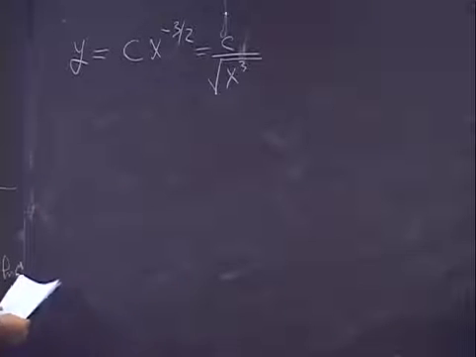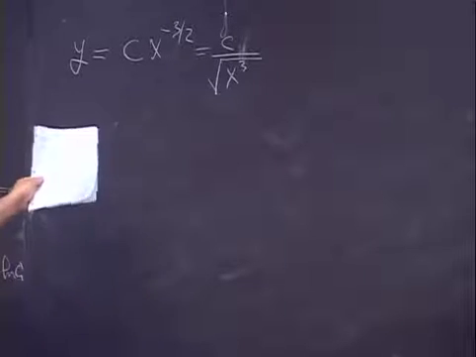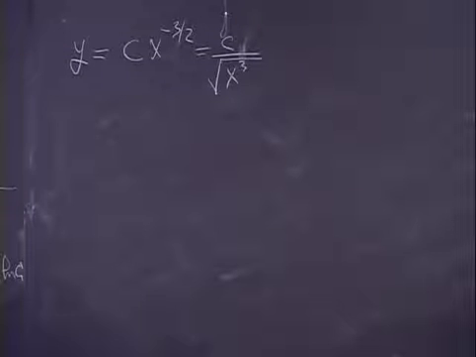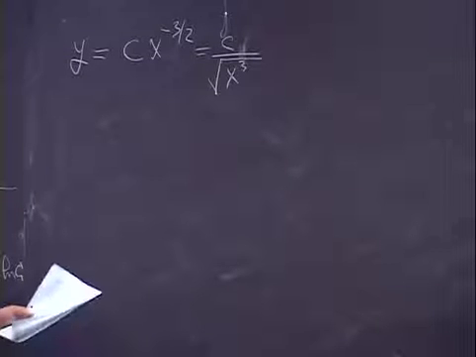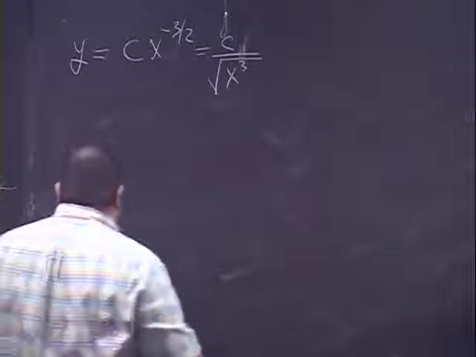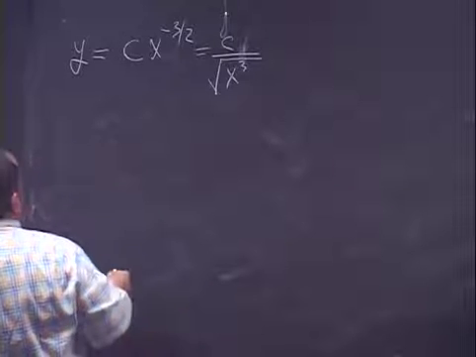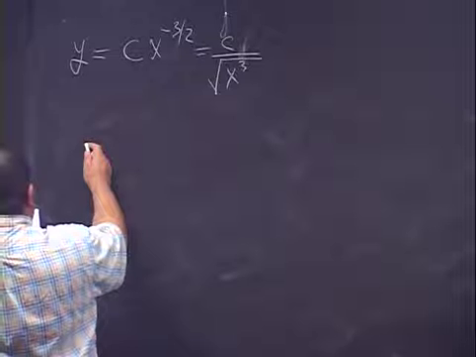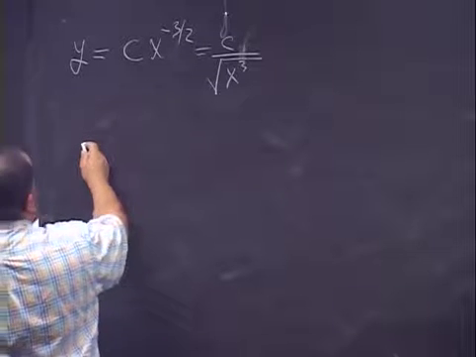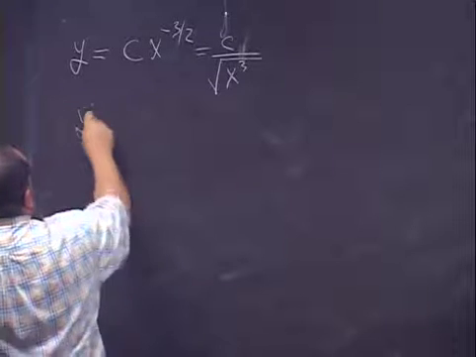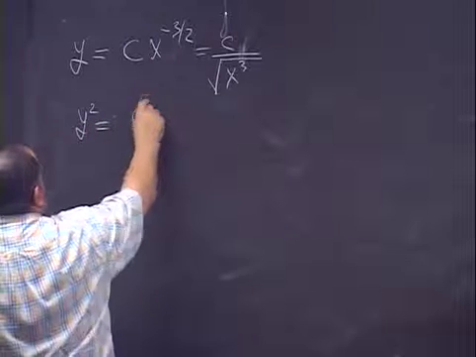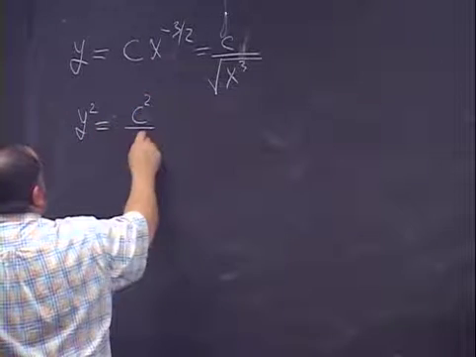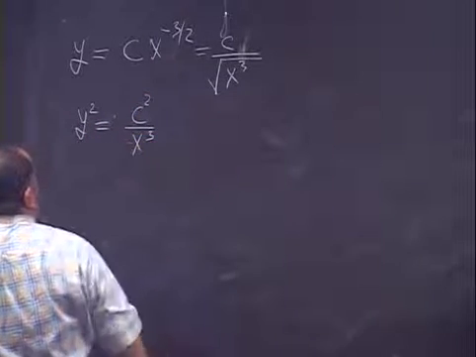Yes? So is this explicit or implicit? Explicit. How will we make it implicit? Right now we will square this. So this will give you y squared equal to c squared over x cubed.